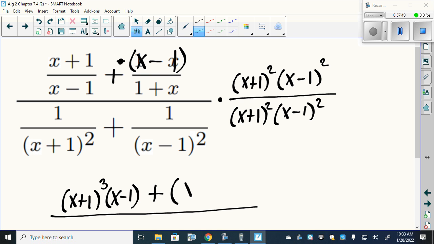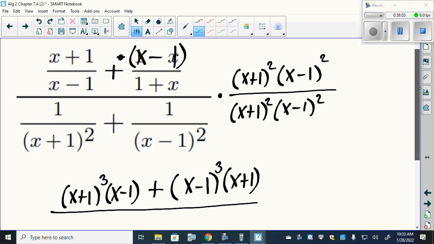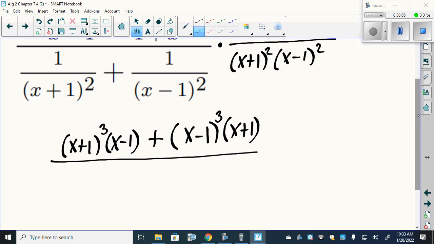Plus, here we're going to have x minus 1 cubed times x plus 1, because the denominator realistically is x plus 1. They just have it written flipped. Now the denominator ends up being x minus 1 squared, because the x plus 1 squared will cancel, plus x plus 1 squared.